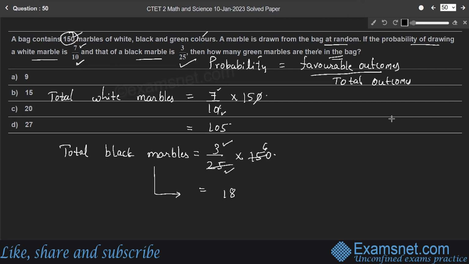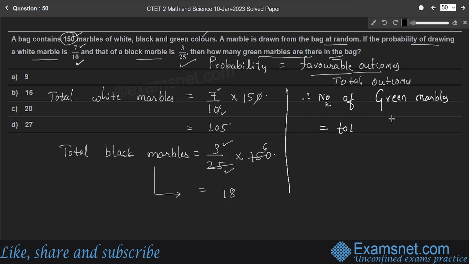Here the question is, how many green marbles are there in the bag? Therefore, the number of green marbles is equal to total marbles minus white marbles minus black marbles.